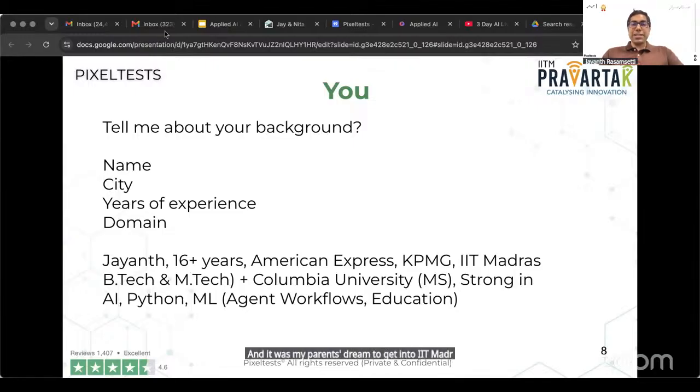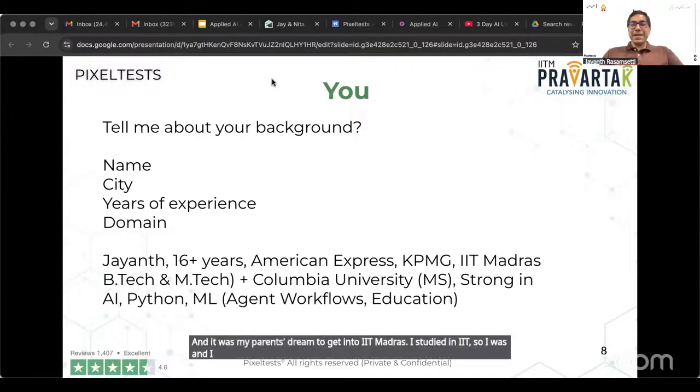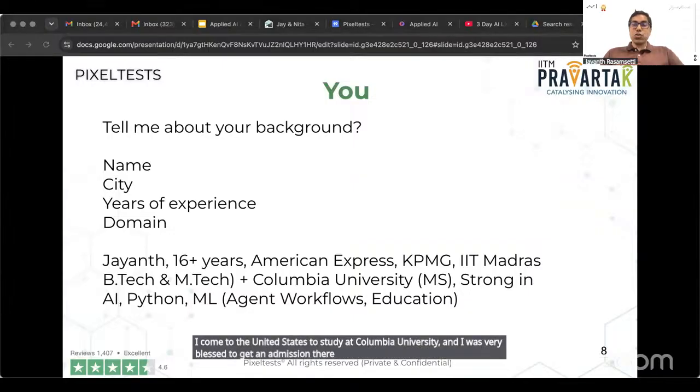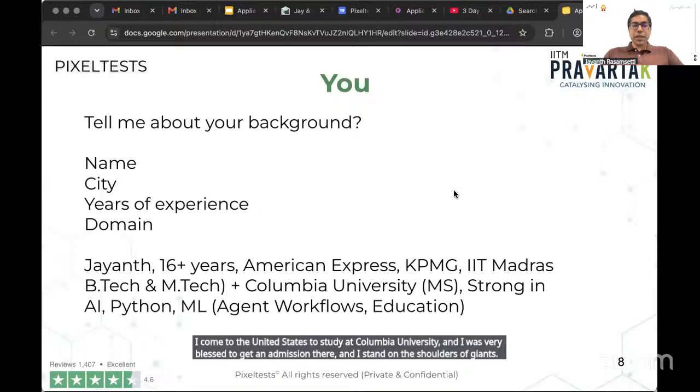I studied in IIT Madras and completed my BTech and MTech there. My parents were my first mentors, and after that my brother, who was also my mentor, told me to come to the United States to study at Columbia University, and I was very blessed to get an admission there. And I stand on the shoulders of giants, right?